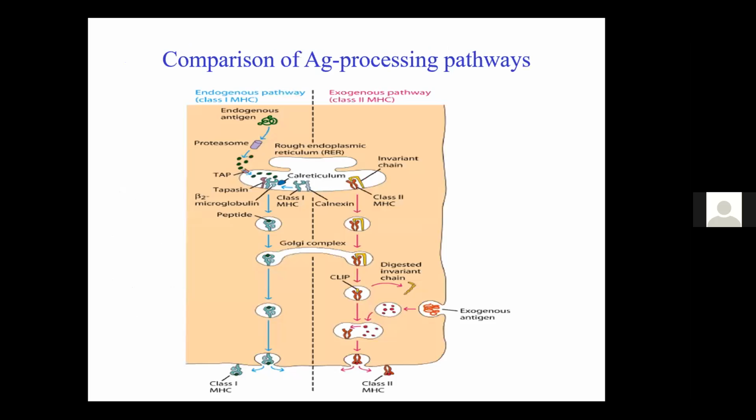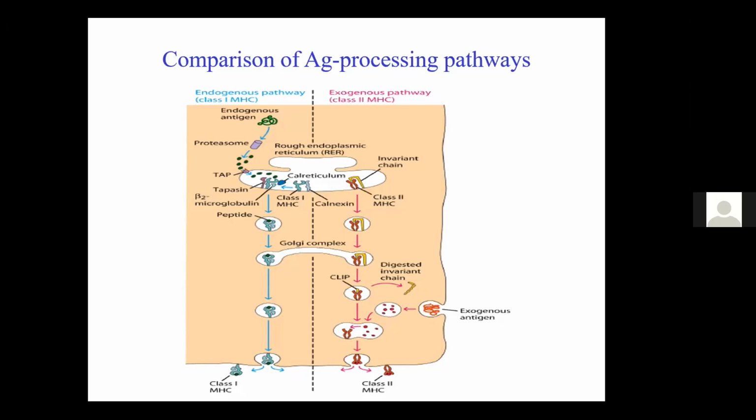In comparison of the antigen processing pathways, we have just mentioned the two, but you can have a look. In the endogenous pathway, we have talked about the proteasomes as proteolytic enzymes that break down. Then the molecules or the peptides are linked up with the transporter associated with antigen processing, that is TAP1 and 2. And this one is taken to the endoplasmic reticulum, and finally, this is released and recognized and activates the generation of the MHC molecule.